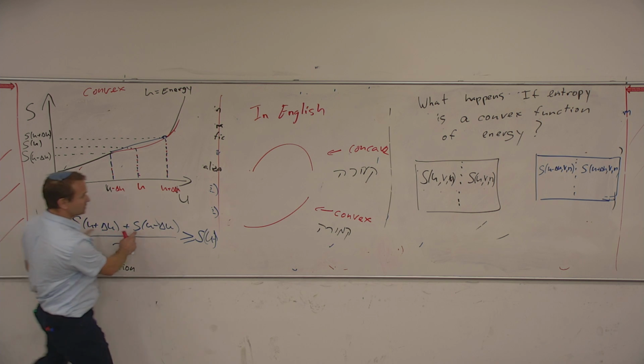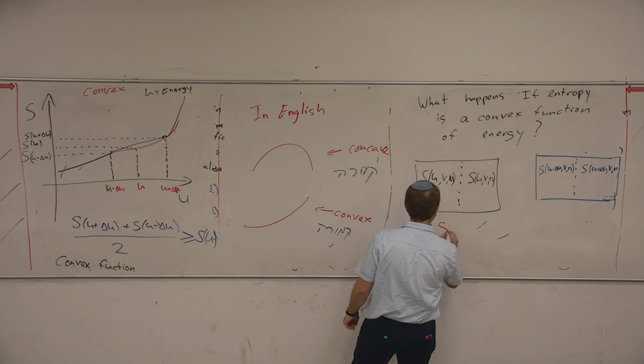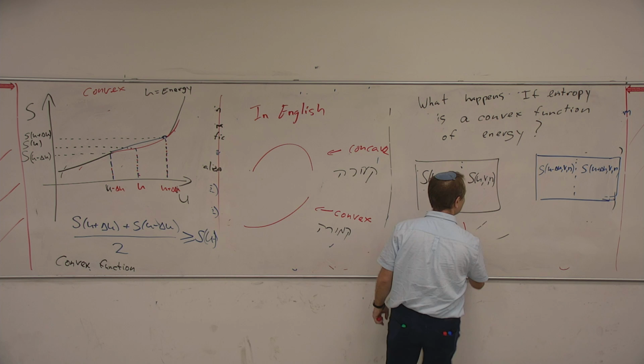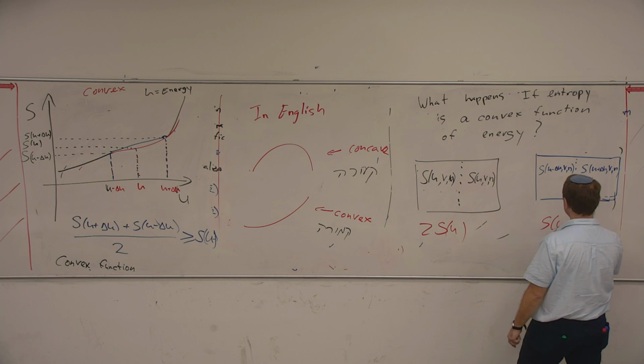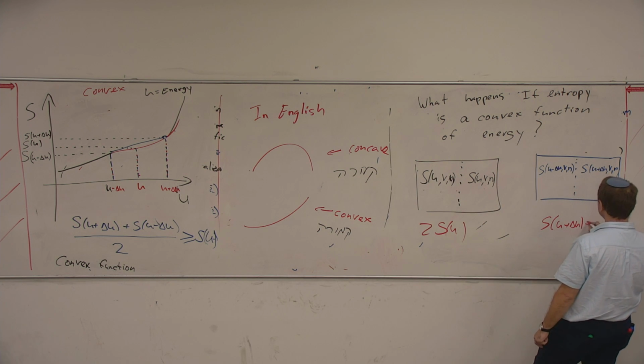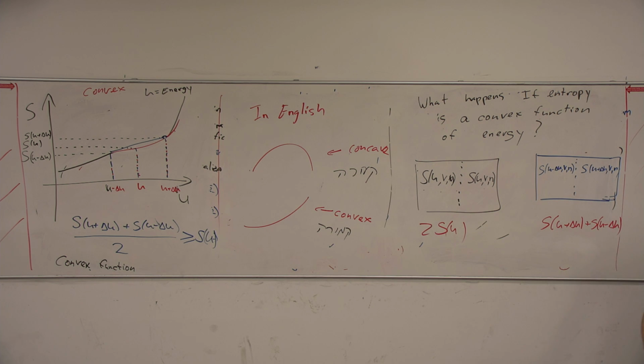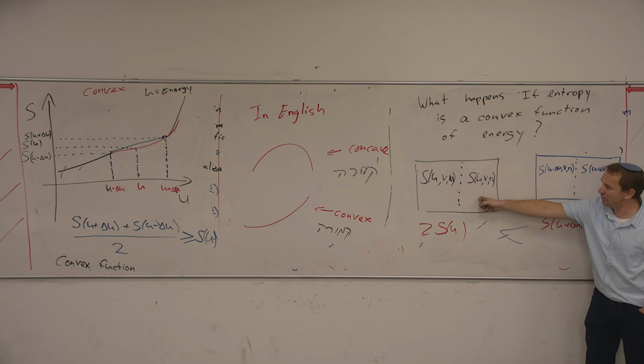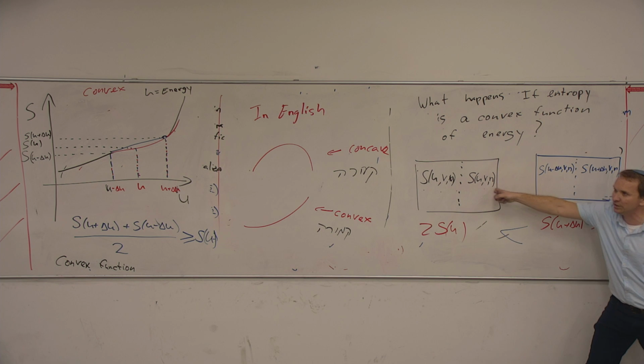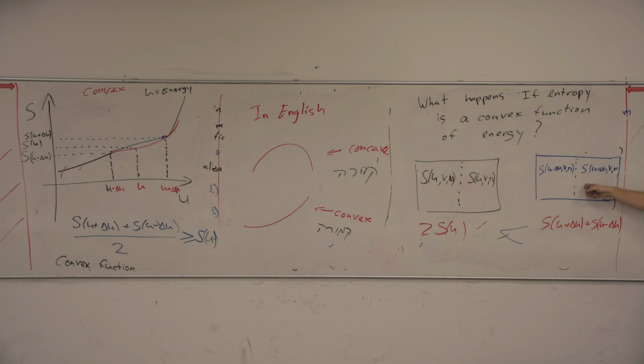The entropy here is 2S of U. The entropy there is S of U plus delta U plus S of U minus delta U. What is bigger? This one is bigger. So the system would like to evolve into this state, right?